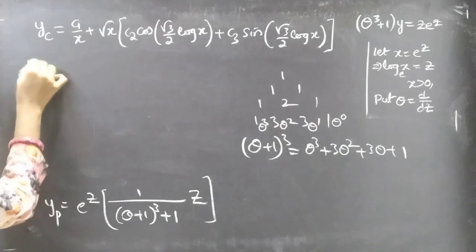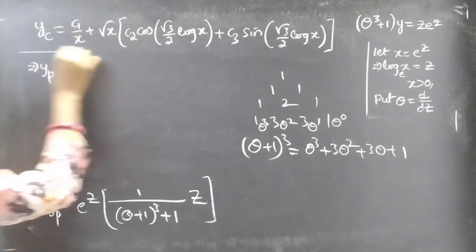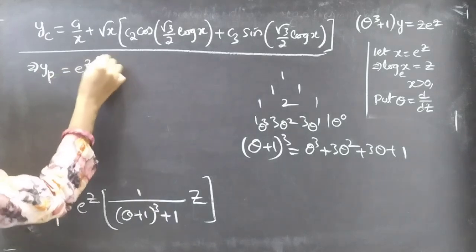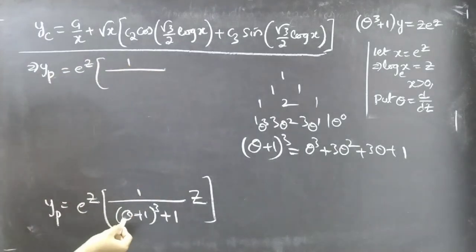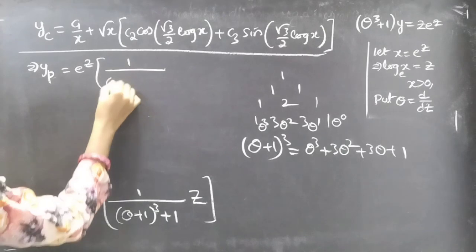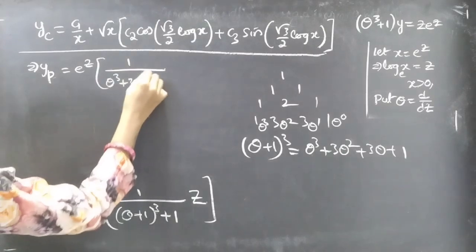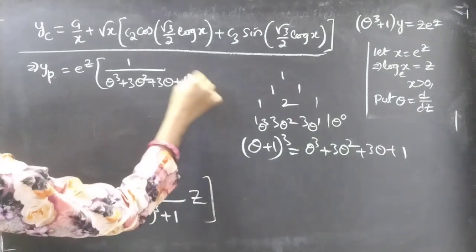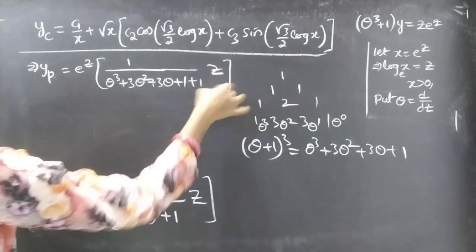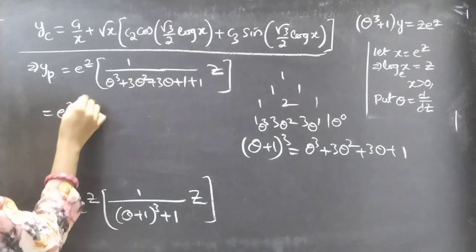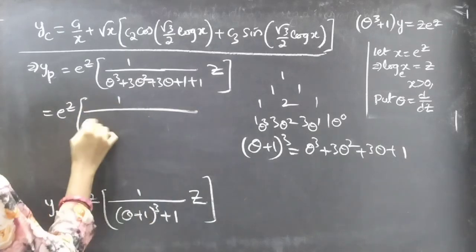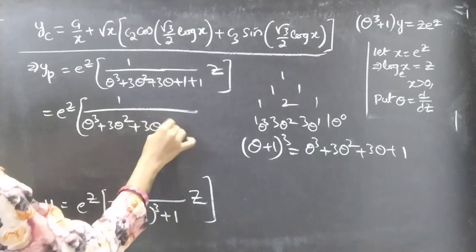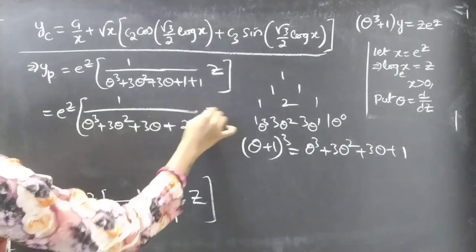So yp becomes e power z into 1 by expansion of theta plus 1 whole cube, which is theta cube plus 3 theta square plus 3 theta plus 1 2 into z, which is equals to e power z into 1 by theta cube plus 3 theta square plus 3 theta plus 2 into z.